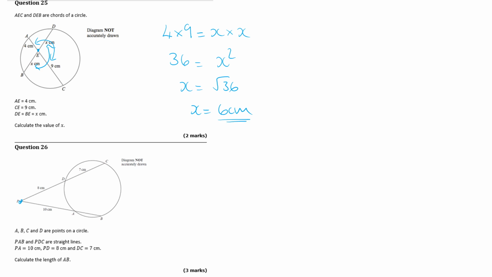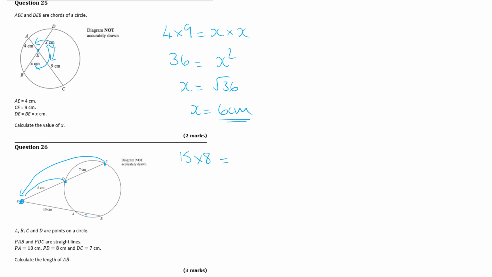Now if you apply the same logic when the point is externally outside the circle, it's the point from where the chord starts from the circumference all the way to the point of intersection. So that would be 7 plus 8, 15, times 8, and that's going to be equal.